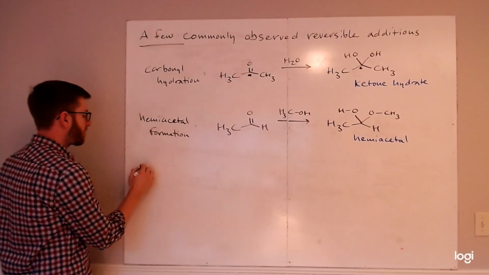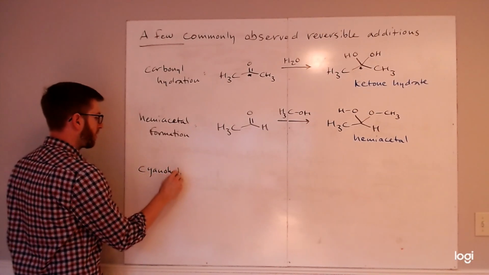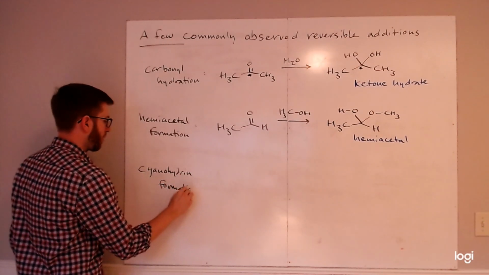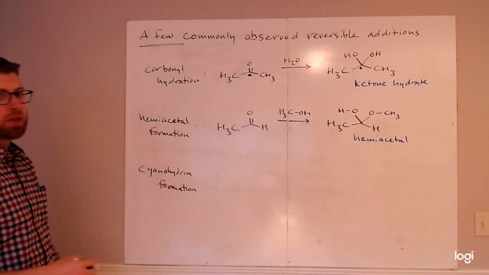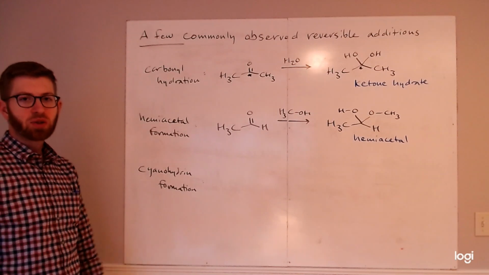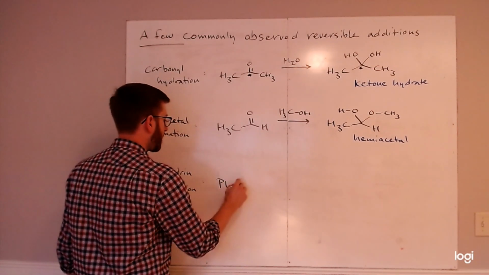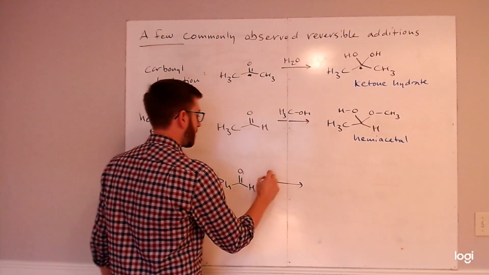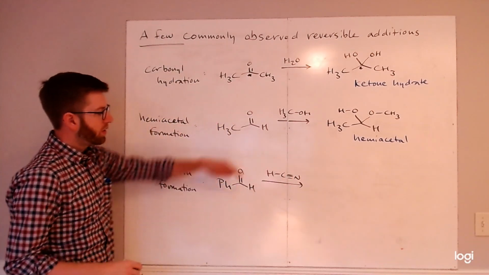And then the final compound that I want to talk about are called cyanohydrins. These are reactions where rather than using CN-, we'll use HCN. This is hydrogen cyanide, that highly toxic compound. And so we'll look at another aldehyde, and HCN. This is a weak acid.